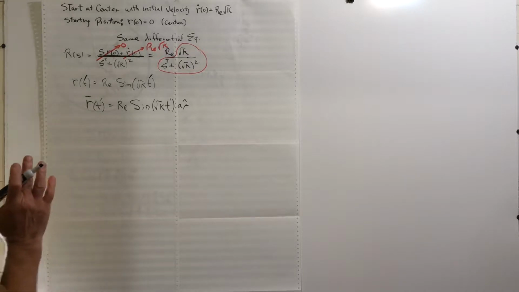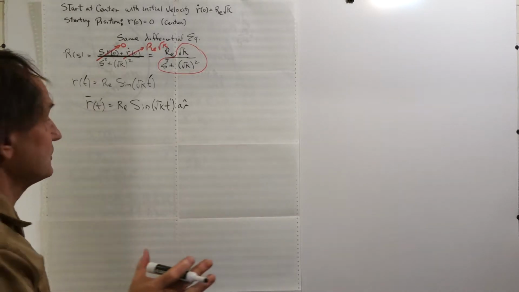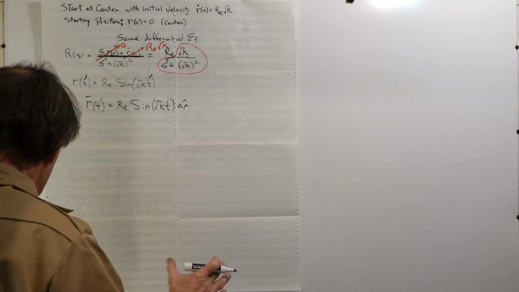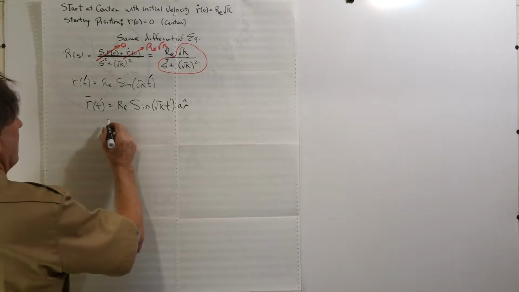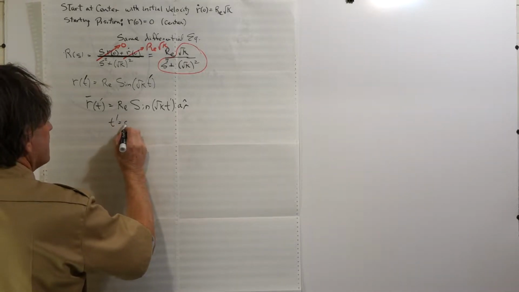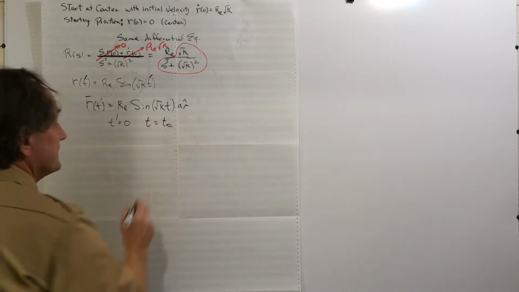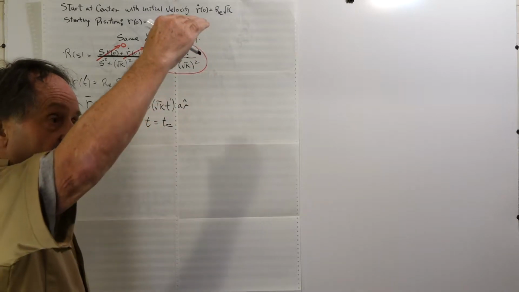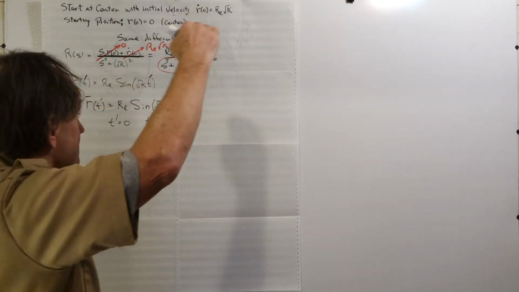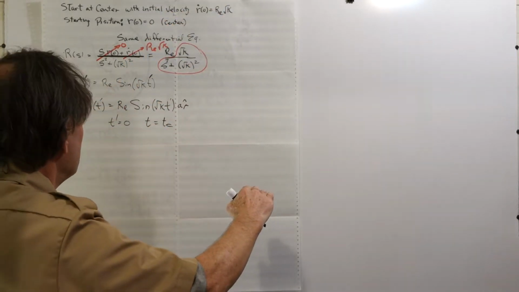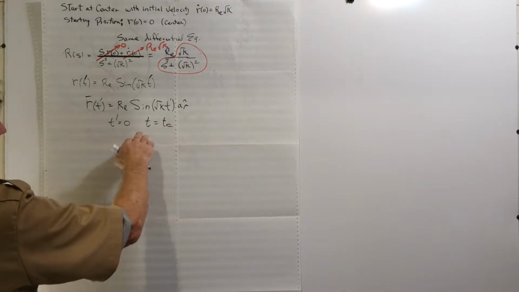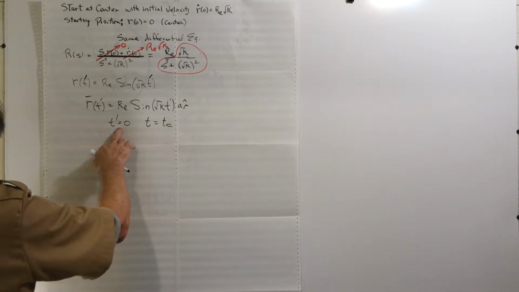Now we'd like our time scales to match. We want to use our original time scale, so when t primed is equal to 0, our old time is equal to tc. That's the time that it took us to go from the surface of the Earth down to the center, and this is where we're starting our t primed.